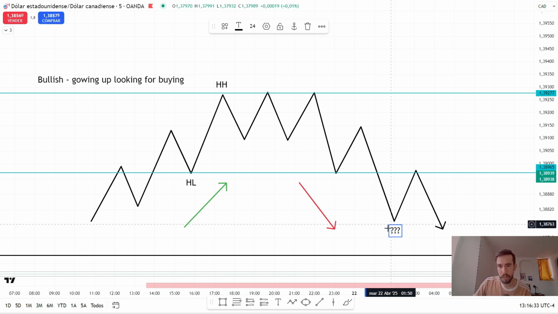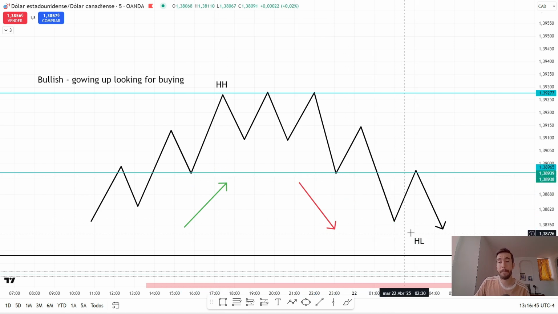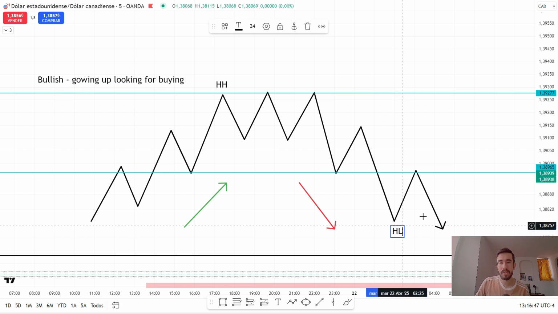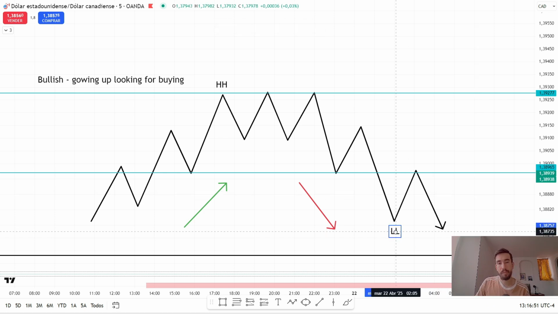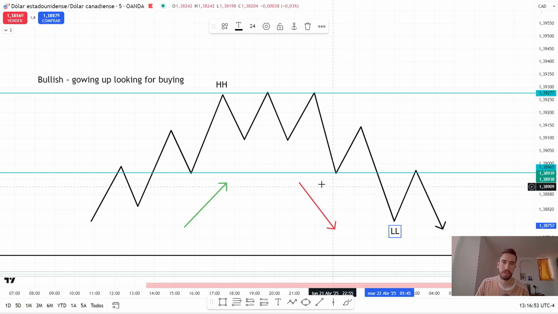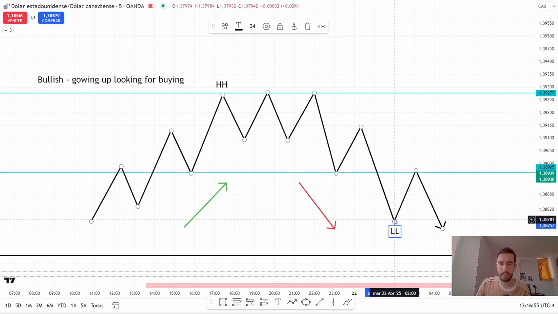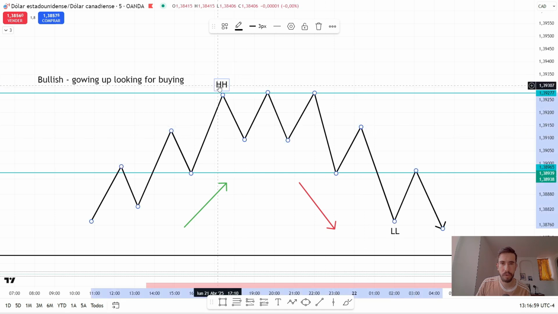So, okay, what's the name of this point here? It's breaking below the higher low, so because now it's a bearish market, it becomes the lower low, the lower point in a lower structure, and therefore the previous high will be this one here, okay?